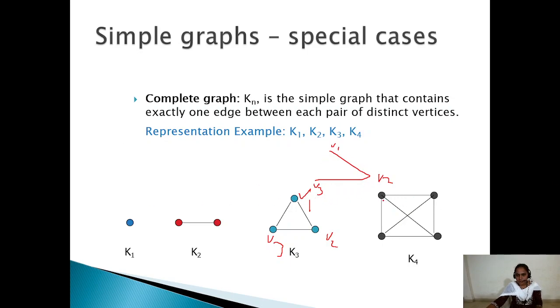See, this is the complete graph. All vertices are connected to all other vertices. K1, K2, K3, K4: K1 is a complete graph, K2 is a complete graph, K3 is a complete graph, K4 is a complete graph.